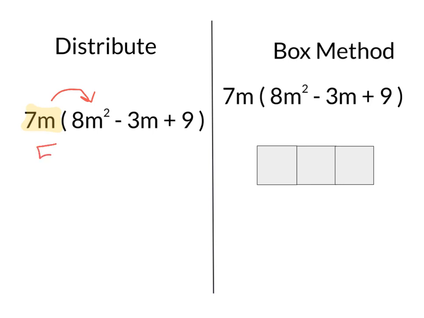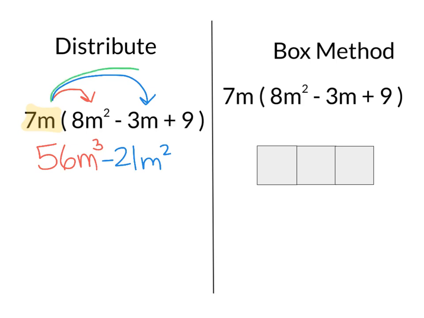Well, that's going to give me 56m cubed. I go to the second piece, which is going to be 7m times negative 3m. 7m times negative 3m is negative 21m squared. And then my last value, I gotta go all the way over here. 7m times 9 is going to give me positive 63m.